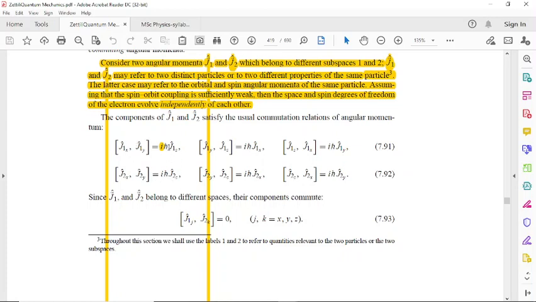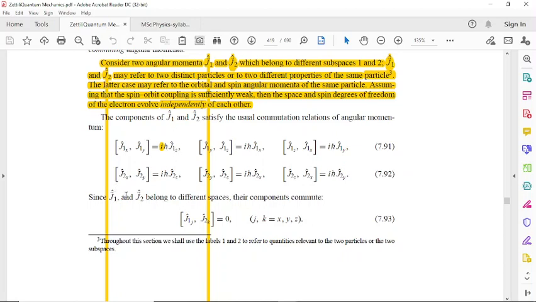ഇതിന് വേറൊരു മീനിങ് നമ്മൾ നേരത്തെ ഡിസ്കസ് ചെയ്തിട്ടുണ്ട്, that is simultaneous measurement of J1x and J1y. That means it gives a complex value. That means we cannot measure J1x and J1y simultaneously. If we measure J1x and J1y simultaneously, we will get a complex value along J1z.